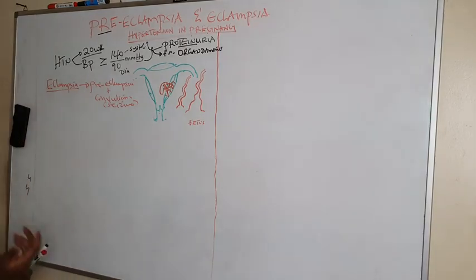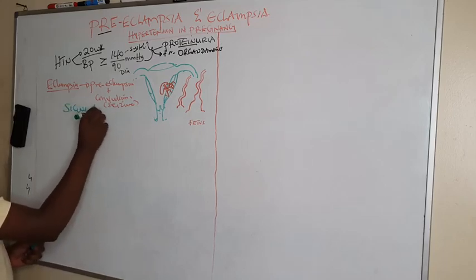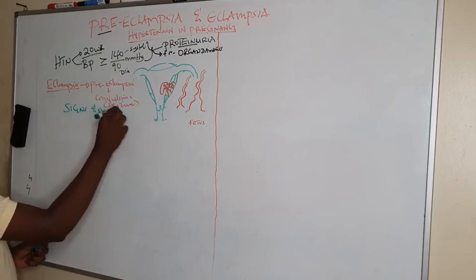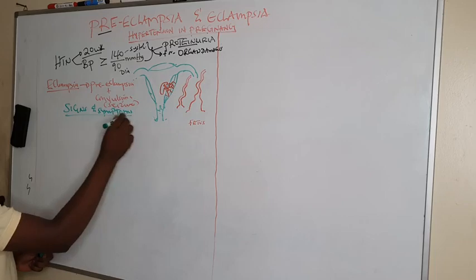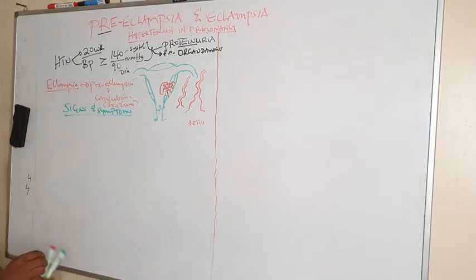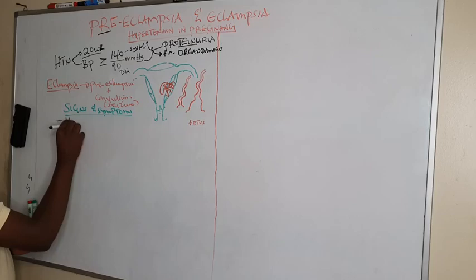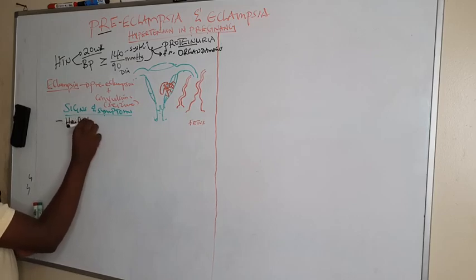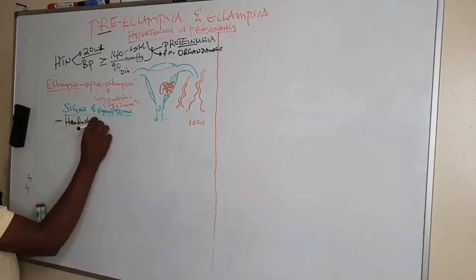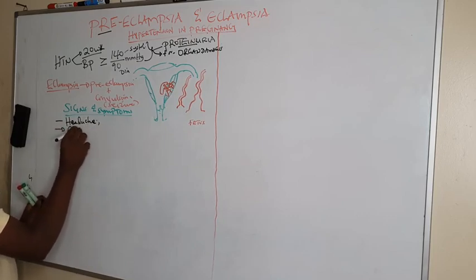So we're going to see what the signs and symptoms are. How can you know that someone has this common vice, preeclampsia? One of the signs is the frontal headache. Every time you feel a frontal headache, there is always edema.